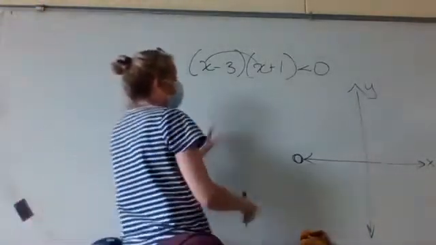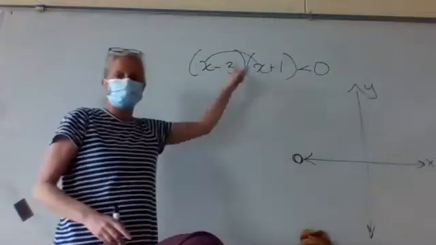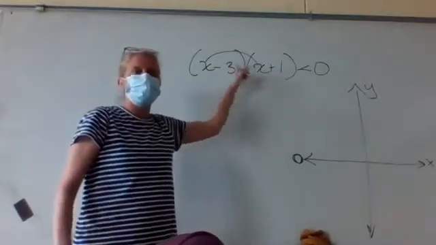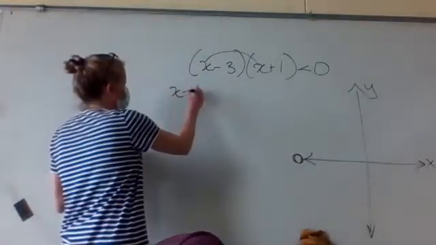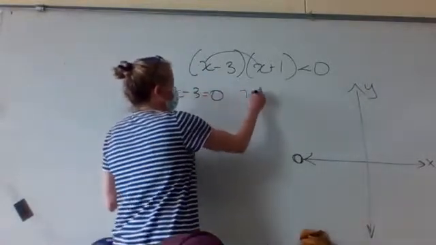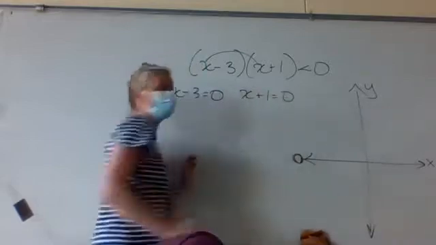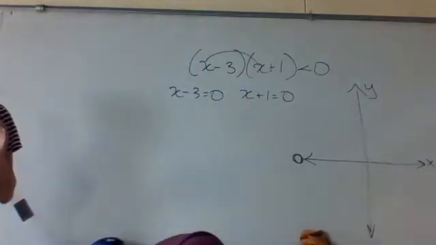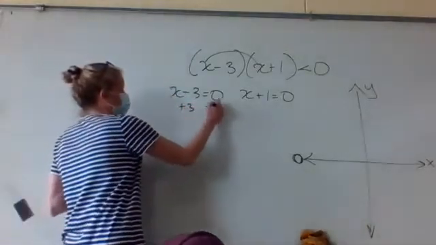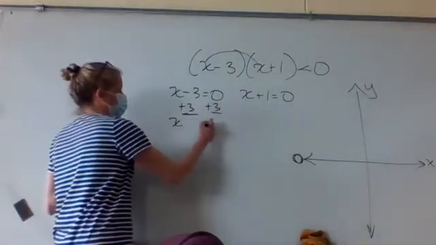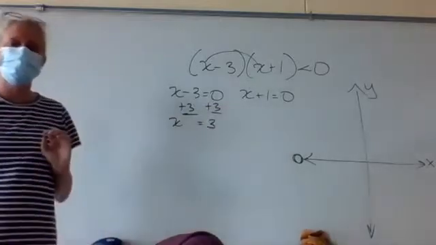So I'm going to find the x-intercepts of this parabola. Since it's already in factored form, I'm just going to set each of these factors equal to 0 and solve them for x. So here I would just add the 3 to both sides. So x equals 3.